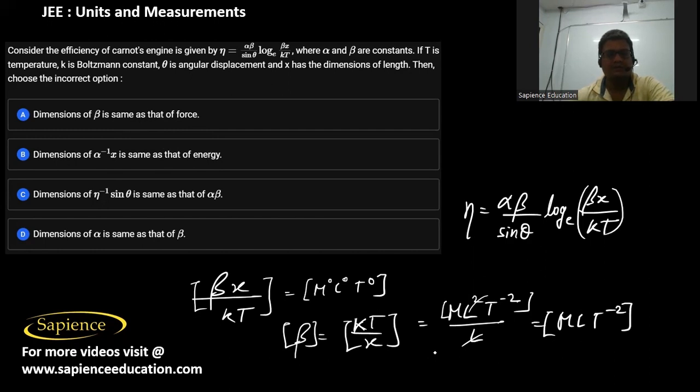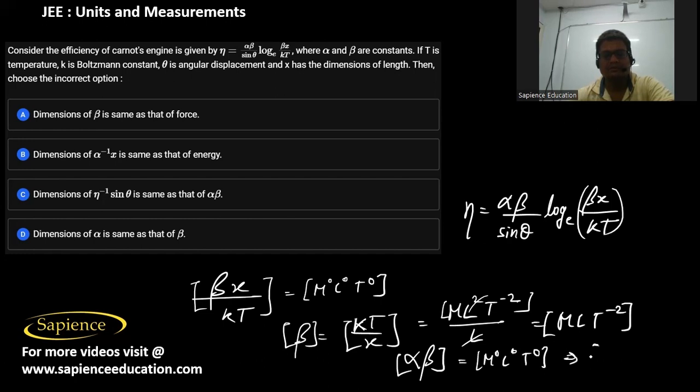Now efficiency will be dimensionless, since efficiency is output energy by input energy. So alpha into beta should be dimensionless. So therefore it should be M power 0, L power 0, T power 0.